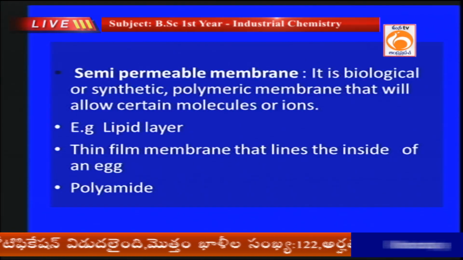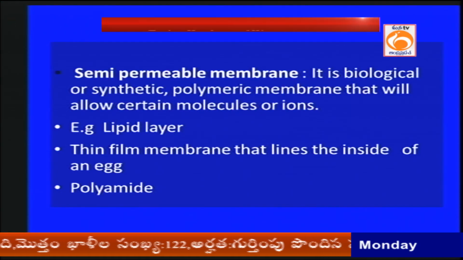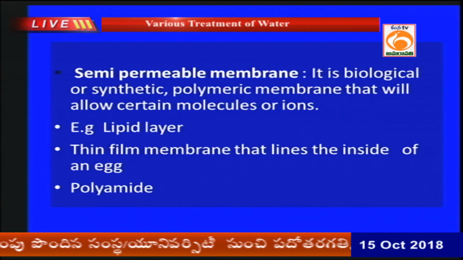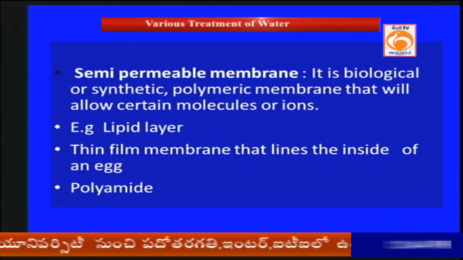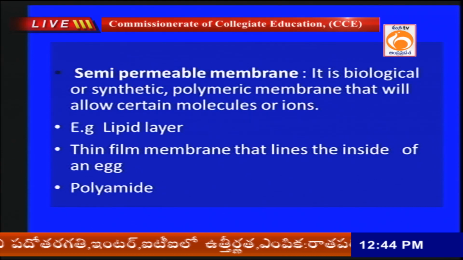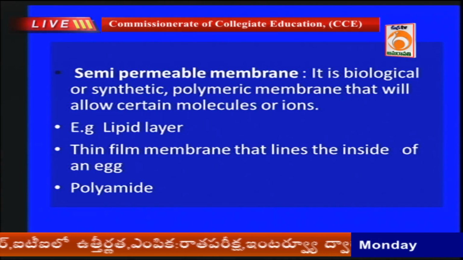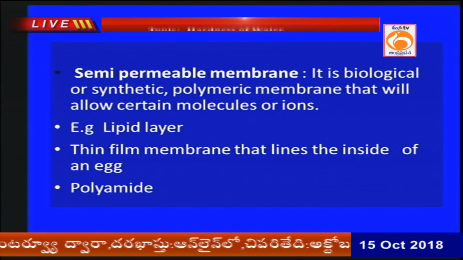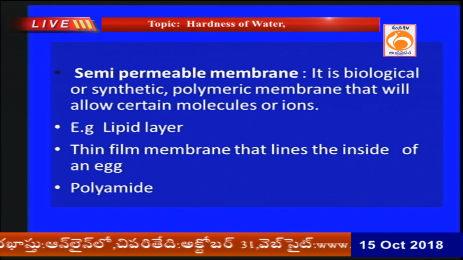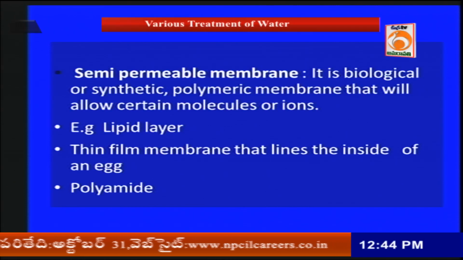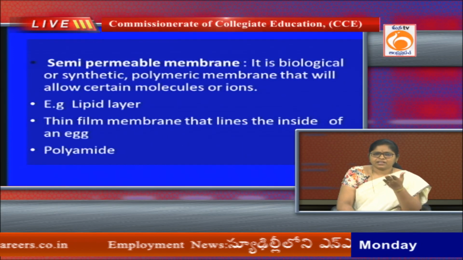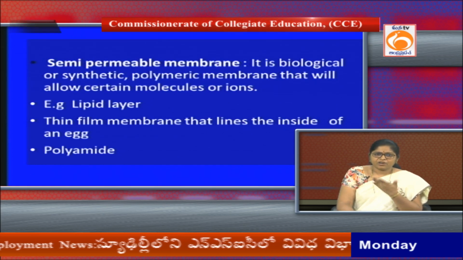A semi permeable membrane is a biological or synthetic polymeric membrane, and these membranes allow only one type of molecule to pass. For example, biological semi permeable membranes are lipid layers or cell structures.